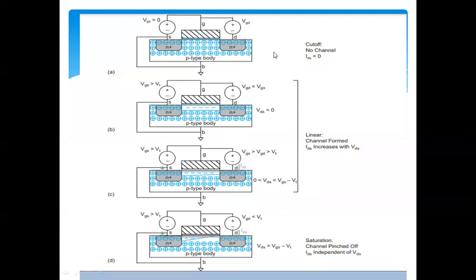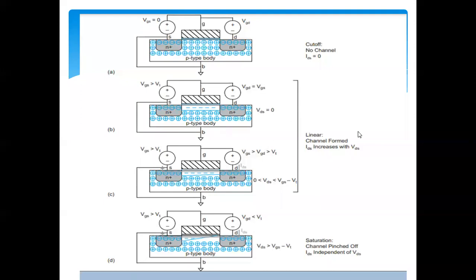That means it's only accumulation, there is no conduction. In the linear region, the holes get repelled and electrons will start after that. After the depletion region it will go to the inversion region and some current will start flowing. Here you will get some value of IDS that is linearly proportional to VDS and VGS.